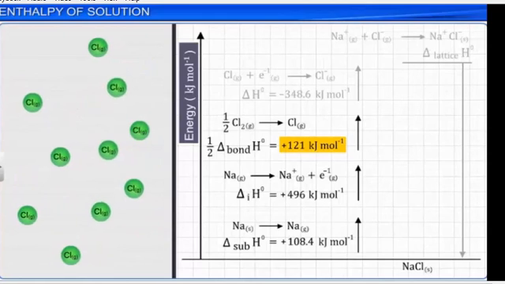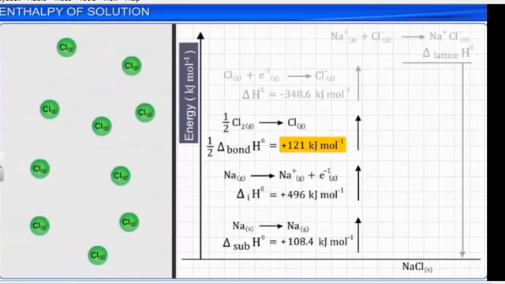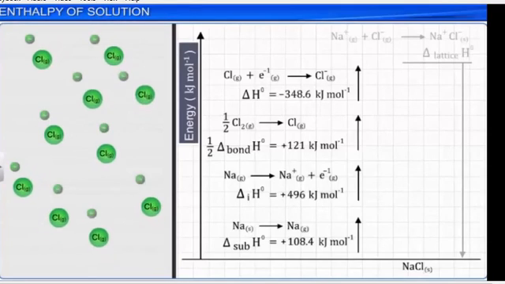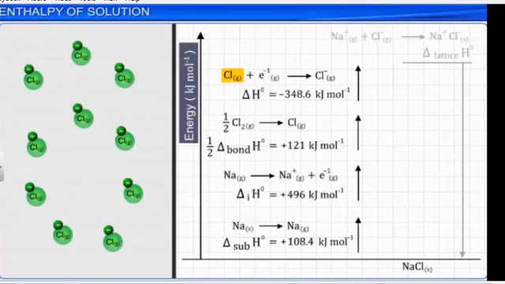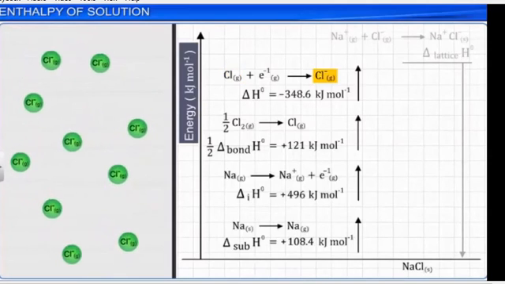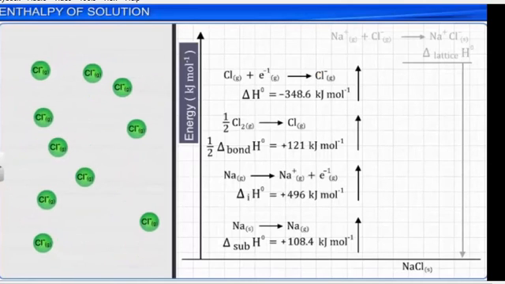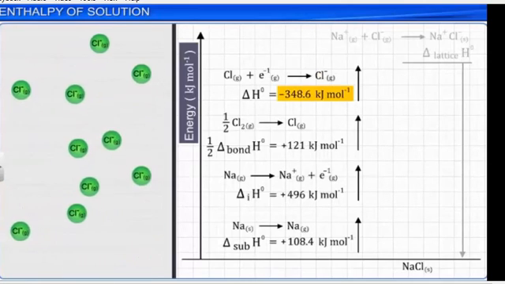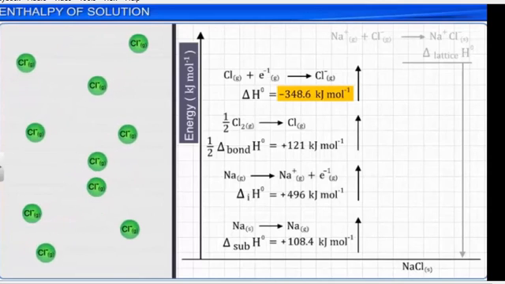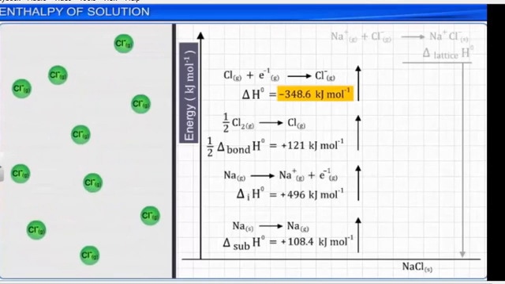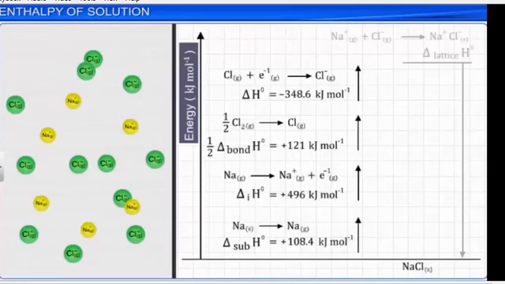This is followed by chlorine atoms changing into chloride ions. Chlorine gains an electron, and the electron gain enthalpy is minus 348.6 kilojoules per mole. Finally, the gaseous ions combine to form solid sodium chloride.